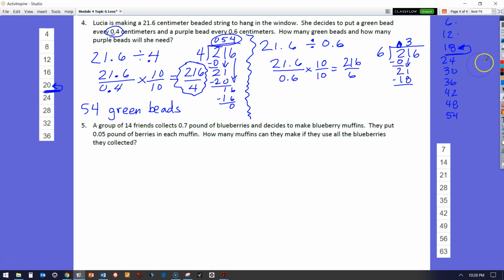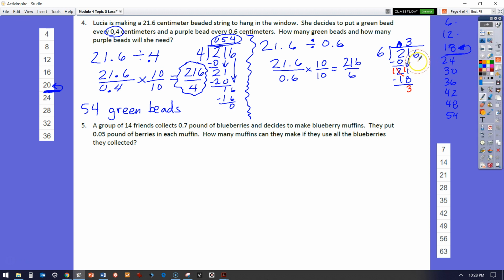18 minus, 21 minus 18. I know I have to take one of my 10s and get 10 ones. 11 minus 8 is 3. And then I have 10 minus 10, and that's 0. So now I bring down my 6.